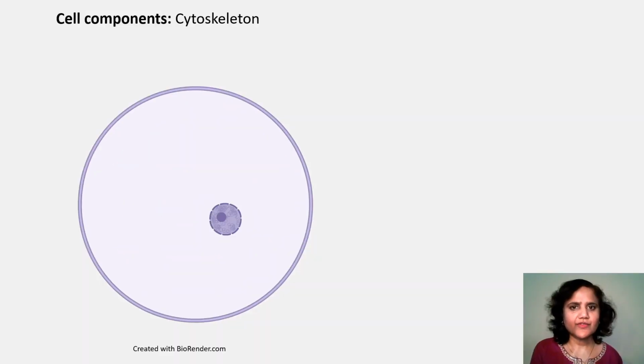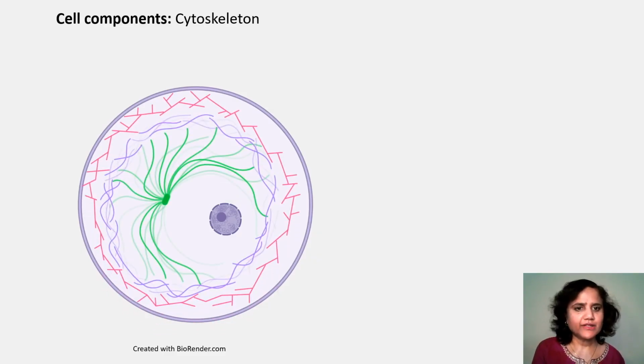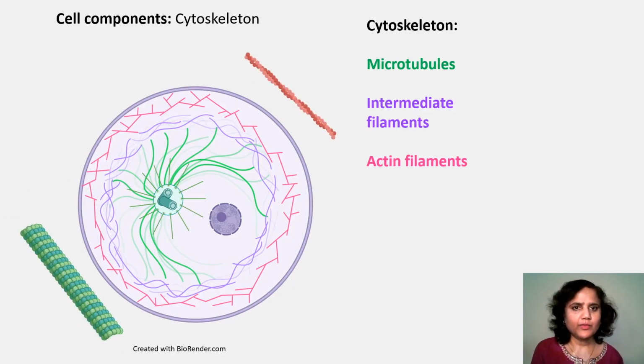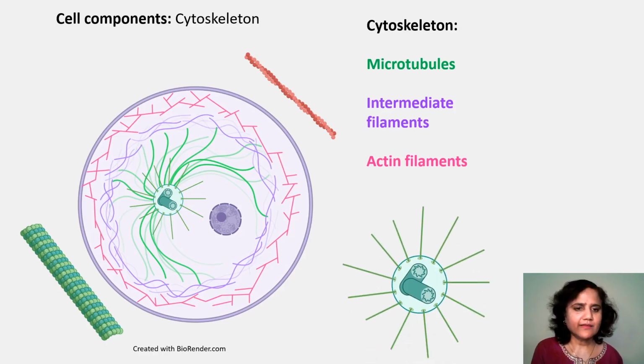Structural integrity of cells is supported by a cytoskeleton. The cytoskeleton is composed of microtubules, intermediate filaments, and actin filaments, and there is also a centrosome which has got two centrioles surrounded by matrix but no membrane, and this organelle, which actually is not surrounded by any kind of membrane, nucleates microtubules.